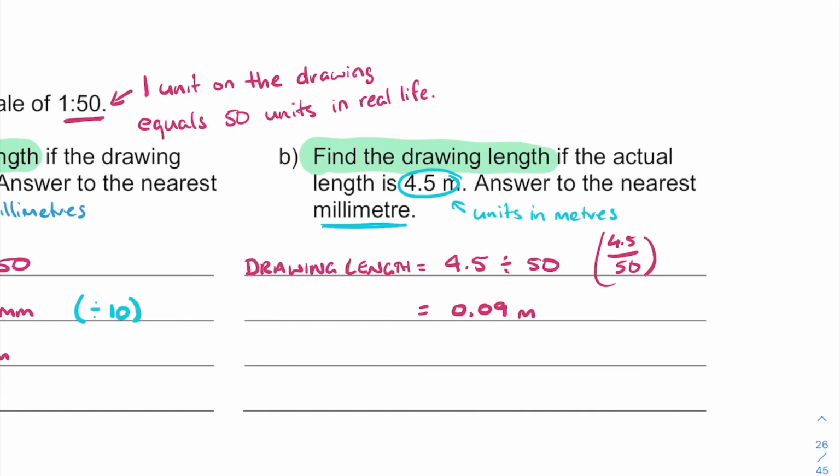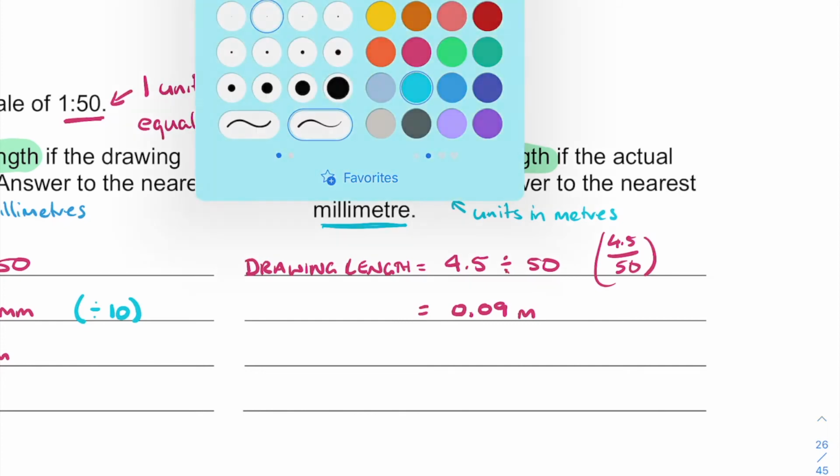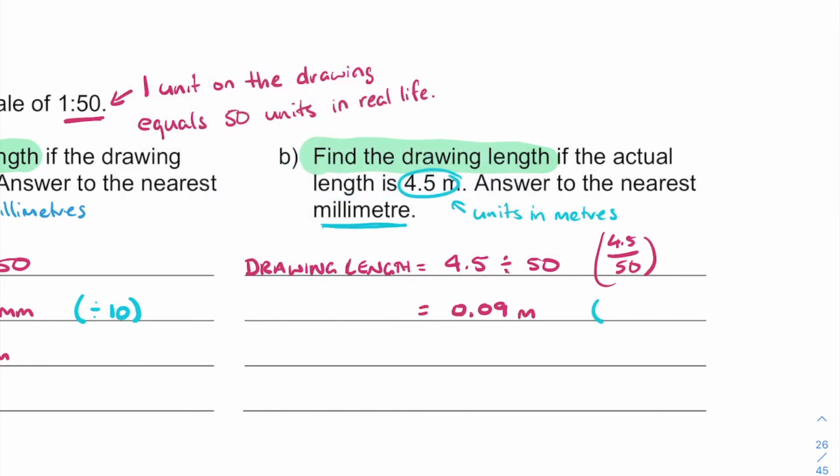0.09 meters, but we want our answer in millimeters. There are 10 millimeters in a centimeter, 100 centimeters in a meter. That gives me 1,000 millimeters in a meter. So this time I'm going to do the opposite as well. This one's going to be times by 1,000.